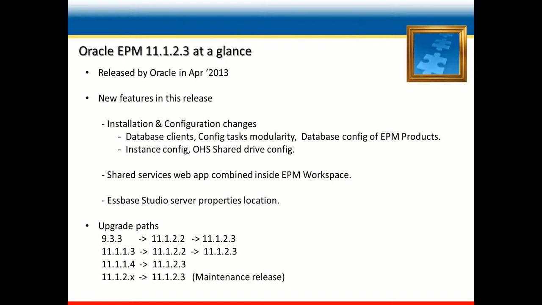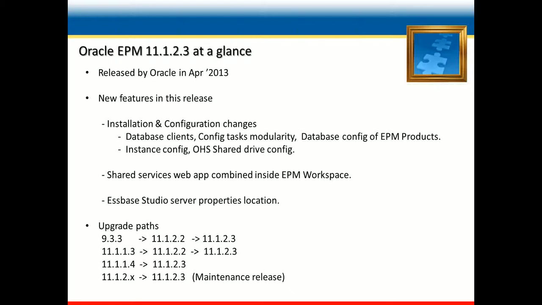The user has the option of installing the 32-bit or the 64-bit version along with the EPM product. It comes with the EPM installer, and some configuration tasks have been modularized. For example, the Financial Reporting RMI ports configuration has been separated. So there has been separation of the configuration tasks in this release, and some user interfaces have been modified.